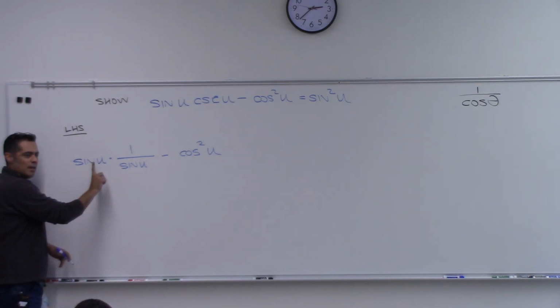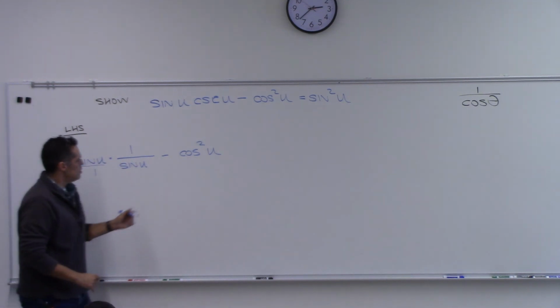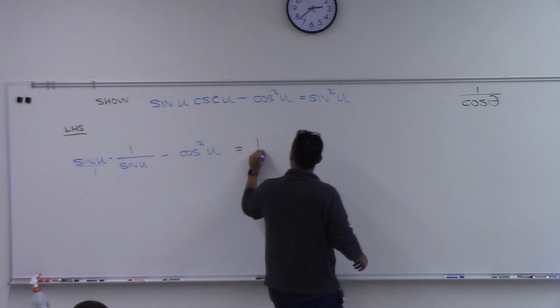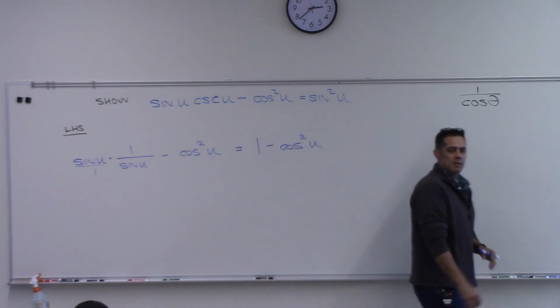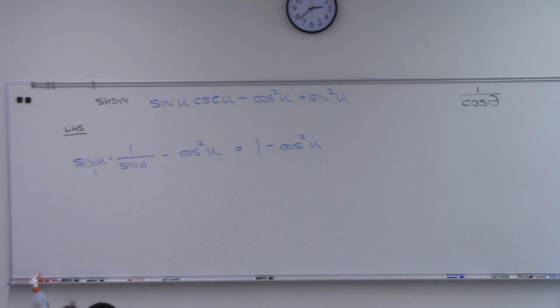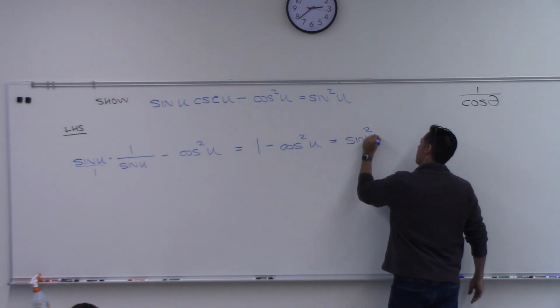That's a 1, right? Basically that's over 1, and then these cancel. So this is really just 1 minus cosine squared u, which is sine squared u. So this formula works for any variable; you could have thetas in here, x's in here, u's in here, doesn't matter. So 1 minus cosine squared u would be sine squared u. And that's the right-hand side. That one wasn't as bad, was it?